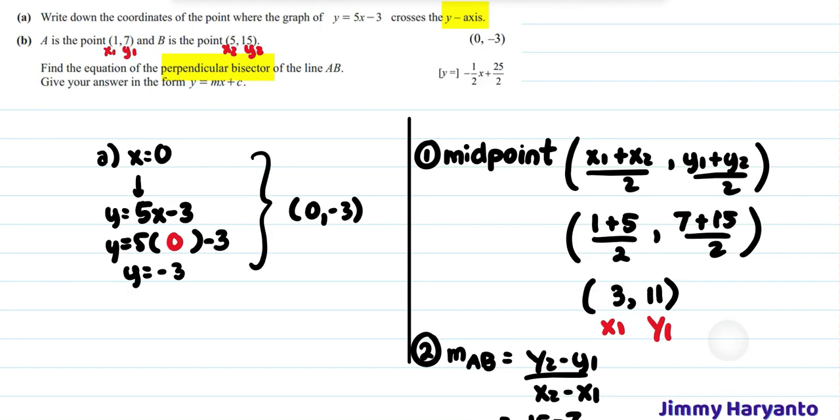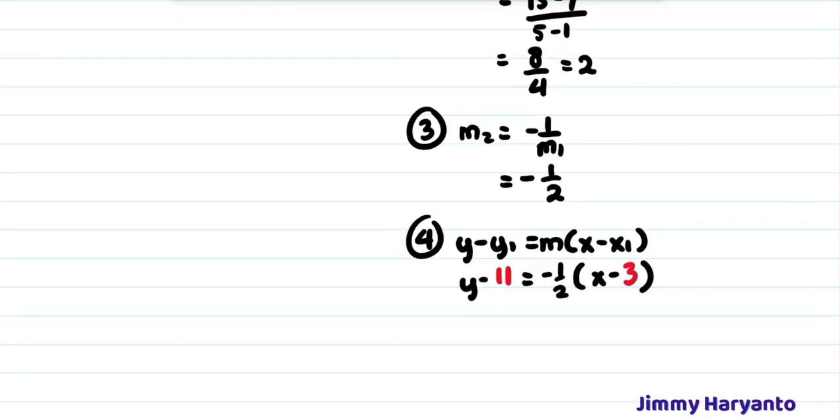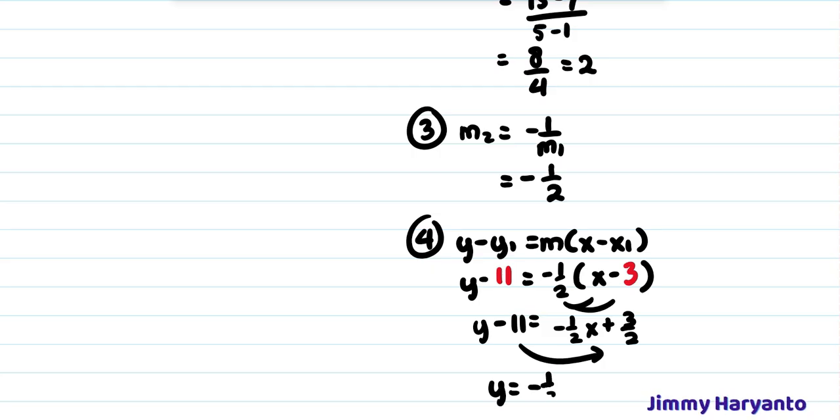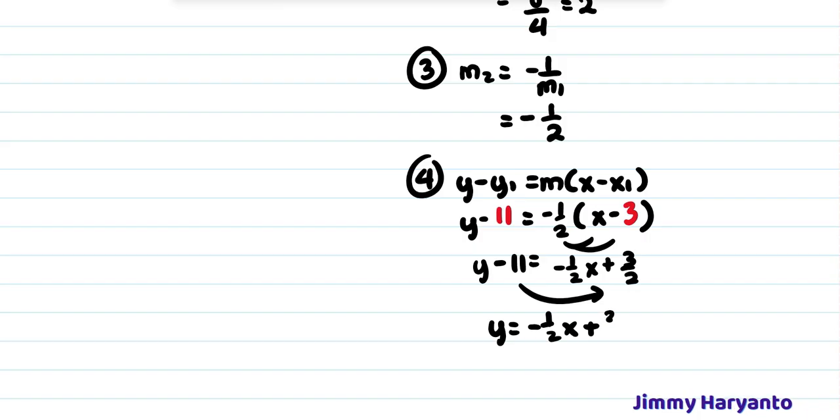And then the question wants you to give your answer in y equals mx plus c. So we have to expand this one first, negative half x plus 3 over 2. And then you move the 11, you'll have negative half x plus 22 over 2 plus 3, 25 over 2. That's it. This is the answer.